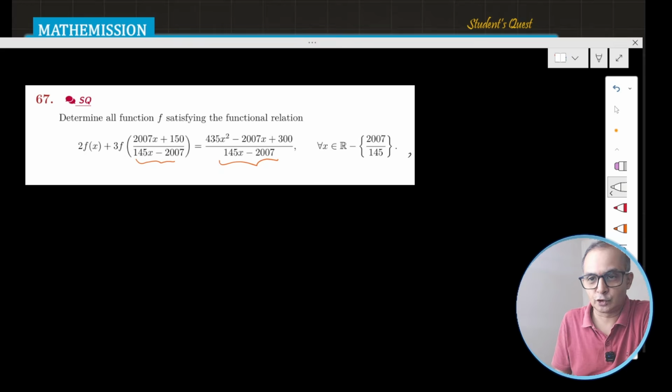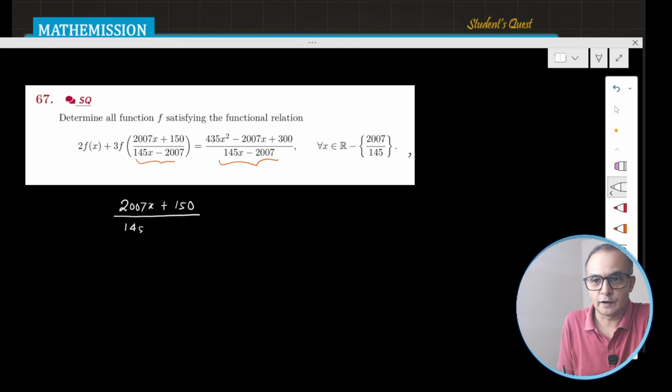But one thing you can notice here is a very wonderful thing. If I have the expression (2007x plus 150) divided by (145x minus 2007), let's say this expression is our function g(x).